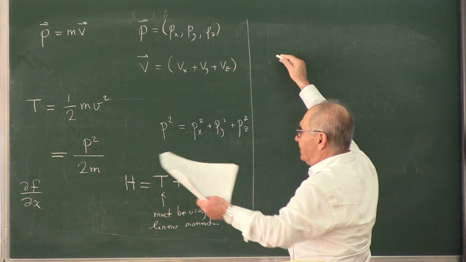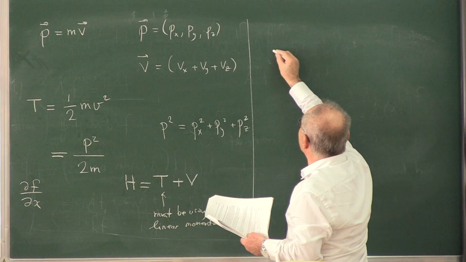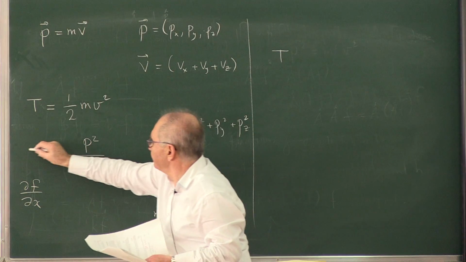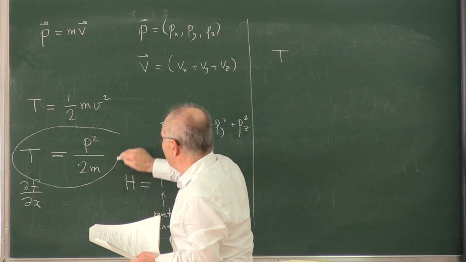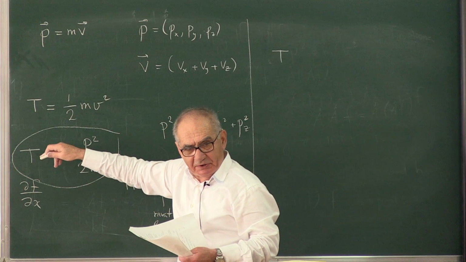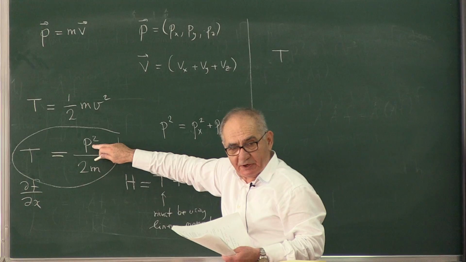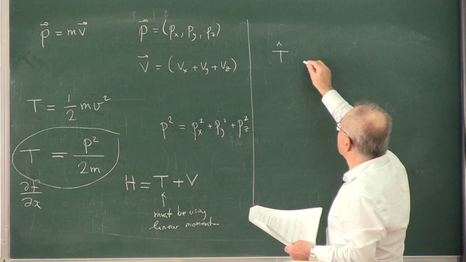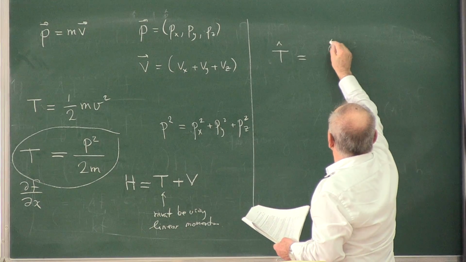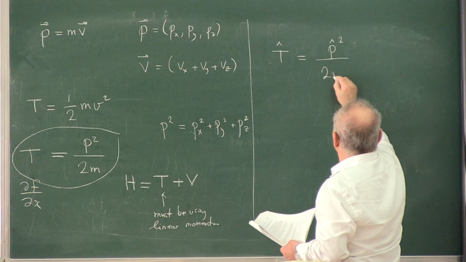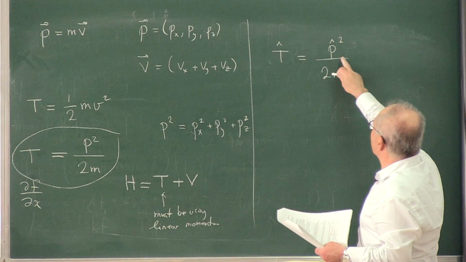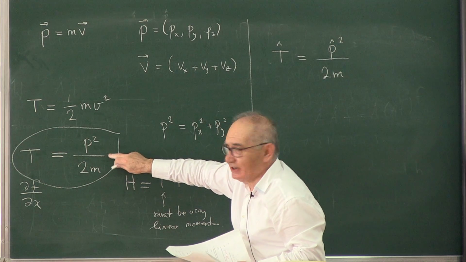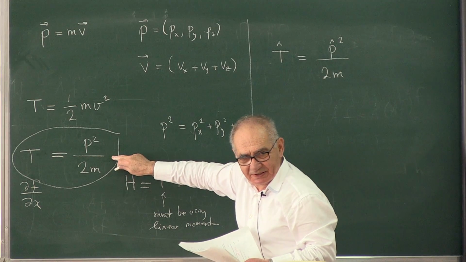Therefore, our quantum mechanical kinetic energy operator is not this expression. But T will become an operator because p becomes an operator. So I put a hat, kinetic energy operator. You see, it looks exactly similar to this expression, isn't it?